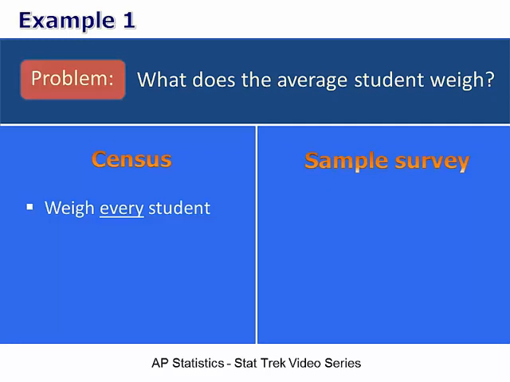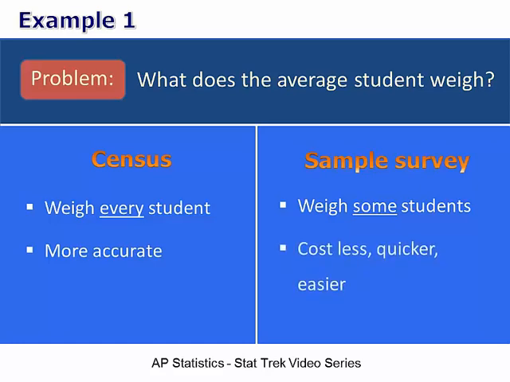If you weighed fewer students, you would be conducting a sample survey. The census would probably provide a more accurate measure since you weighed every student. But the sample survey would probably cost less and be easier to administer, since you didn't have to weigh every single student.